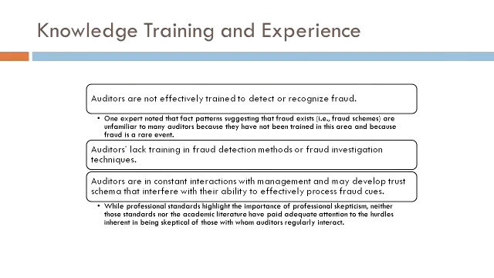Then they also said that auditors lack training in fraud detection techniques. So the first one is just the ability to recognize fraud. The second one, if you recognize fraud and the fraud risk is high, they lack the knowledge to think about how the fraud could be detected. And then the last one is auditors are in constant interactions with management, and as I said, they develop fraud schema that interfere with their ability to effectively process fraud cues.